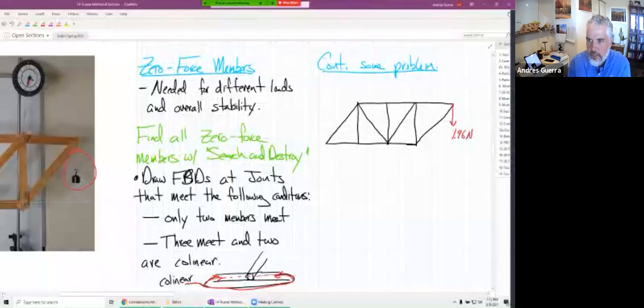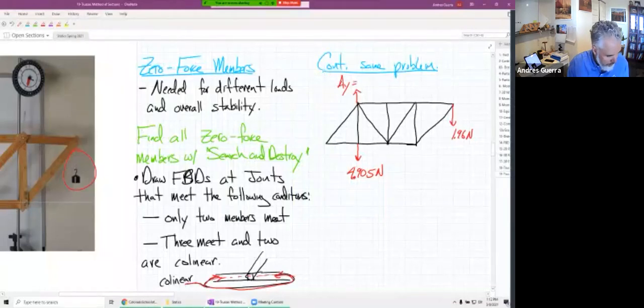There's a 1.96 newtons right here, and then we have 4.905 newtons right here. Last time we found this AX and this AY, and we found our AY to be equal to 3.93 newtons, and then we have our AX right here, and we had CY, which we found to be equal to 2.94 newtons.